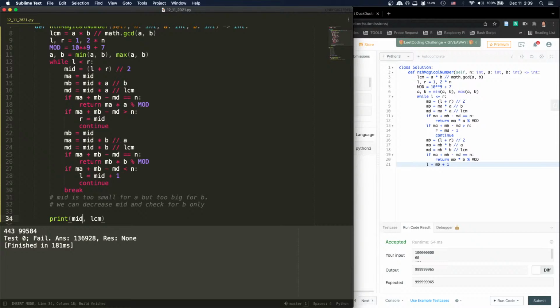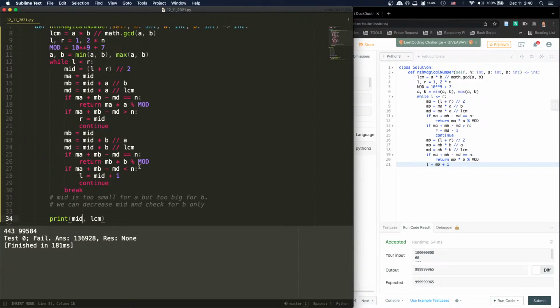Wait, why is mid 443? Hold on. What's 443 times 389? That is still too big. But 443 times 256, that's too small.